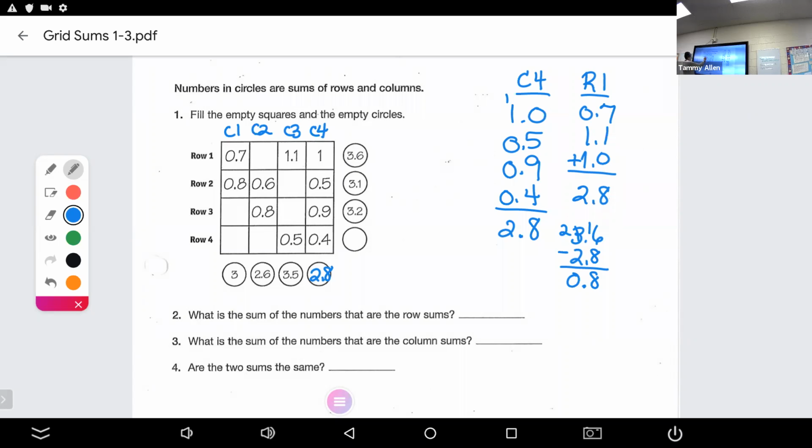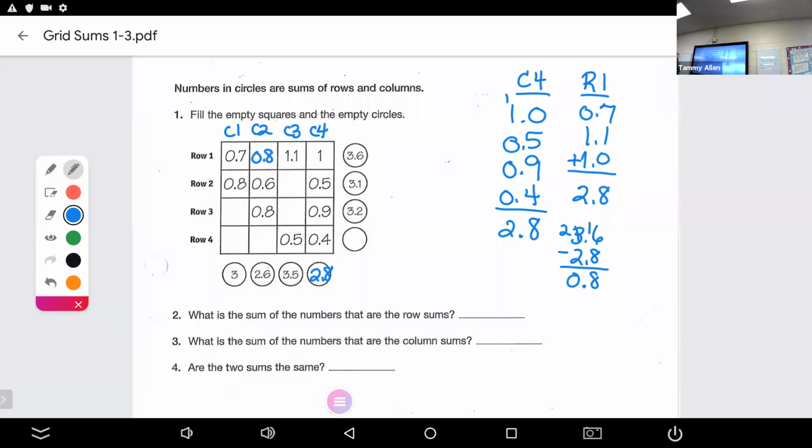So we now know that 8/10 goes in that spot. Questions on that? Where should we go next?